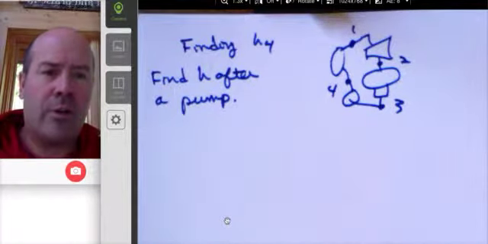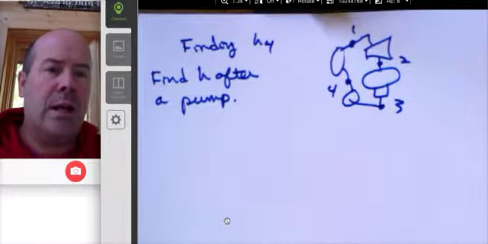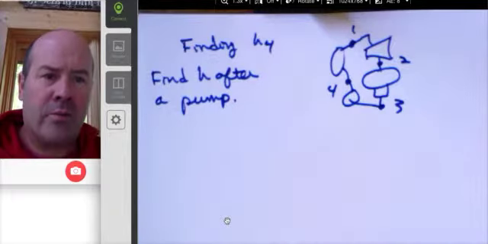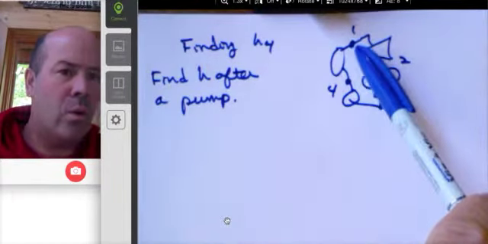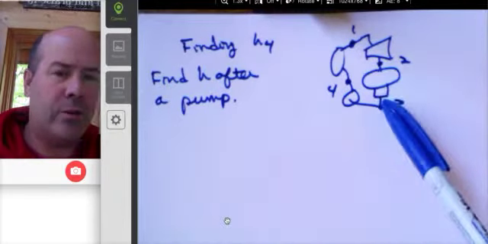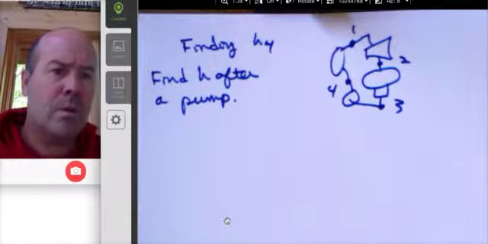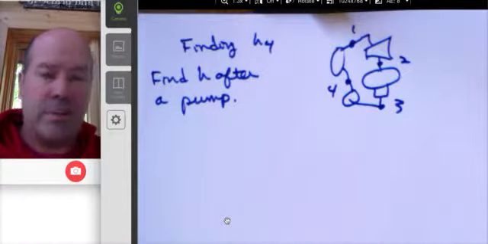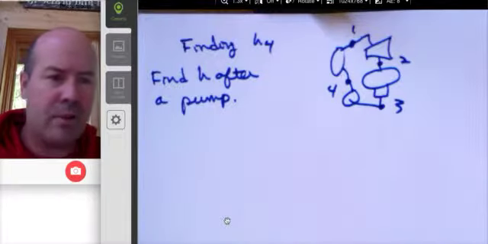Point 3 we also find in the saturation tables 2 or 3, and it's the saturated liquid value. So for points 1, 2, and 3, we find them using the tables. Point 4 we do not. There's just a different process, and the purpose of this video is to show us that process.